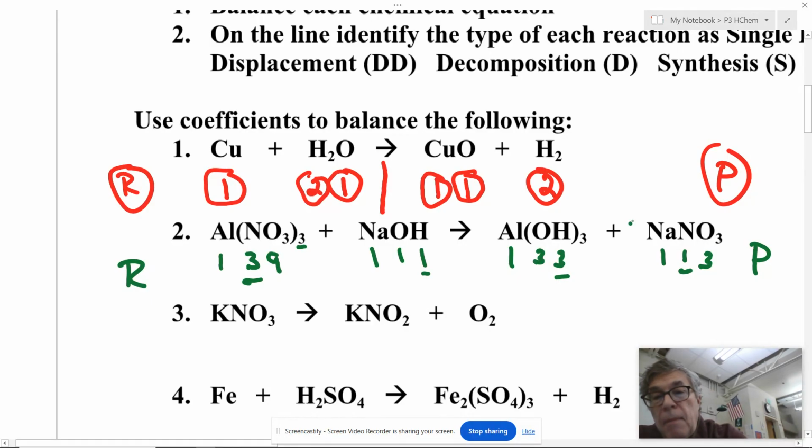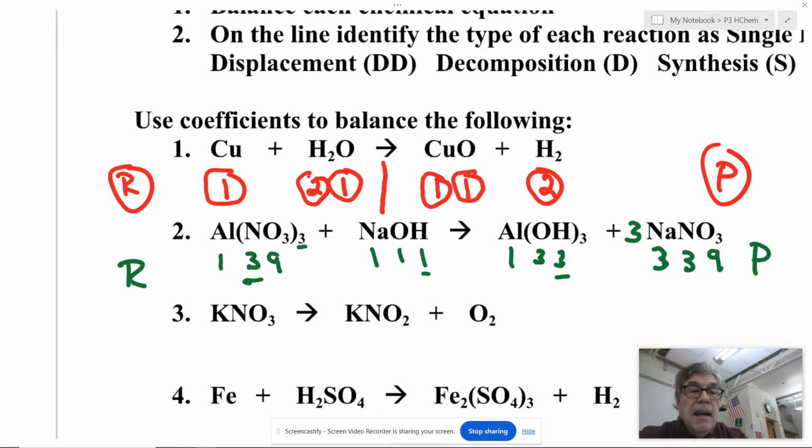Now, we might have to come back and change this, but right now I'm going to put a 3 there, and I'm going to change the nitrogen to a 3. Oh, I've got to change everything else in that compound. That gives me 9 oxygens there. That gives me 3 sodiums there.